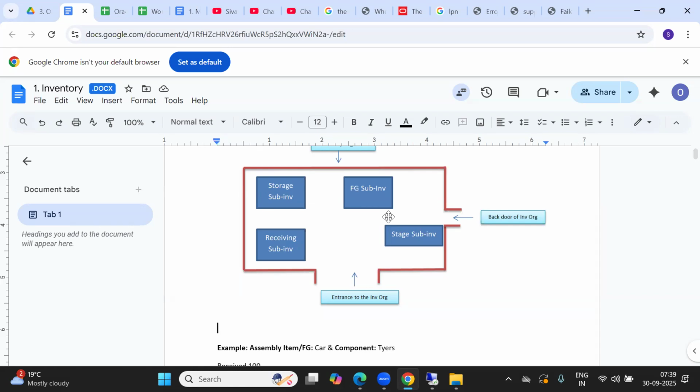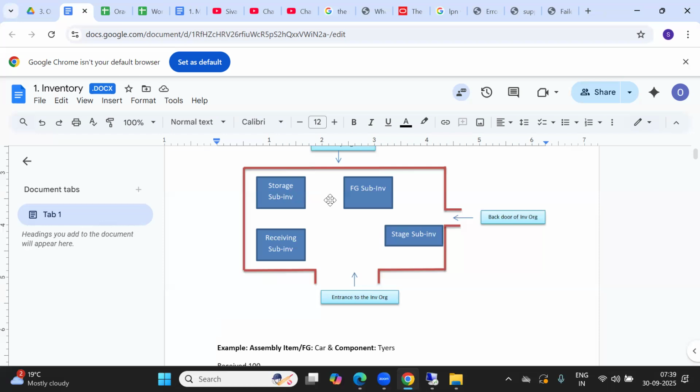There are different roles in warehouses: warehouse user, warehouse super user, warehouse supervisor, warehouse manager, and warehouse director. There are many positions in the organization.